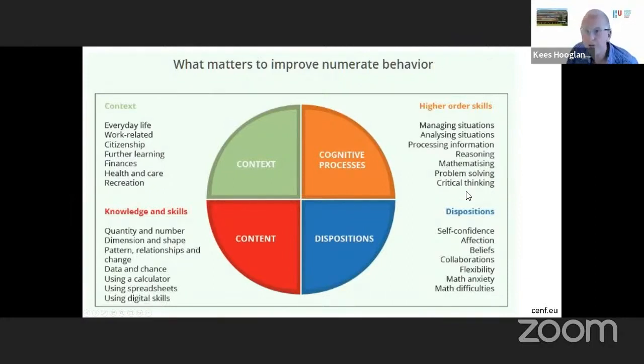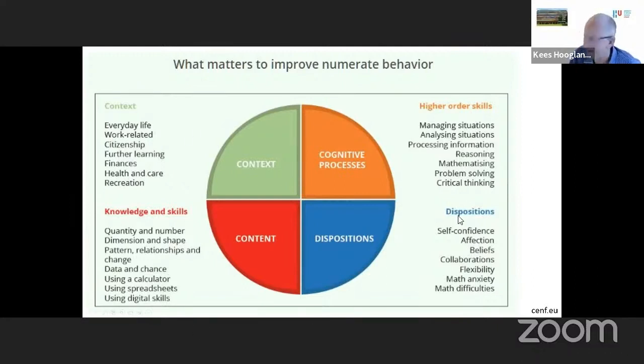Can this be true? What is the meaning of this number? What is the intention of the people who are presenting these numbers? We see that those higher order skills are key if you want to improve numerate behavior. So the higher order skills should be more and more part of our education and of our numeracy provisions.